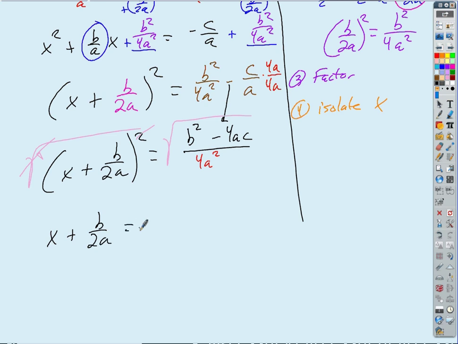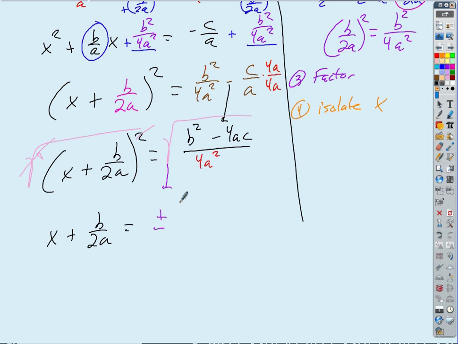equals, if I square root both sides, what do I always have to include? Plus or minus. And then I've got this ugly square root. I got the square root of b squared minus 4ac over 4a squared. Well, I can't reduce that, right? So I'm just going to split it into separate square roots, split the top and the bottom.